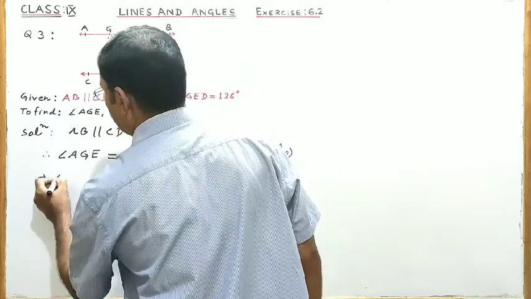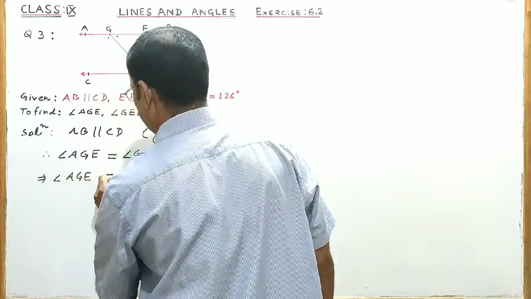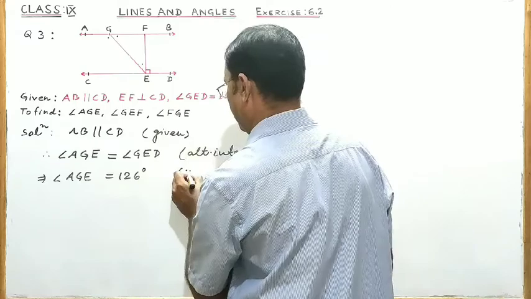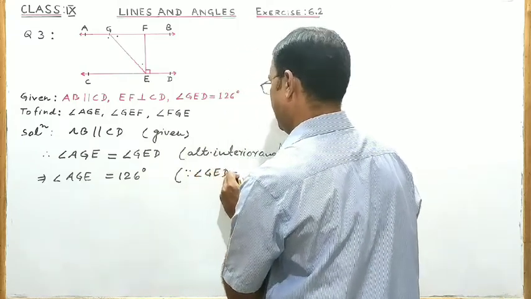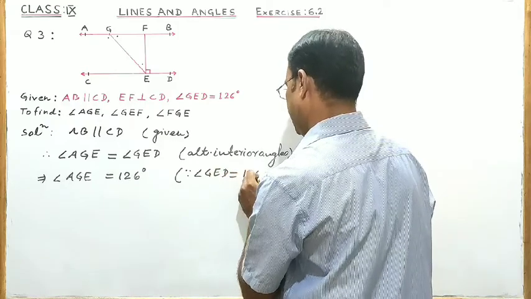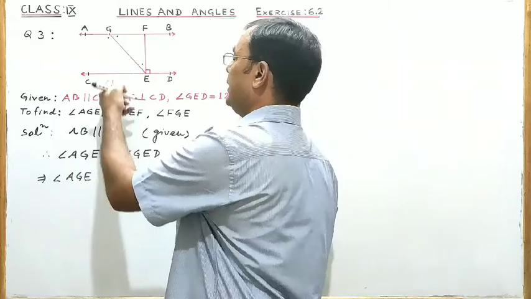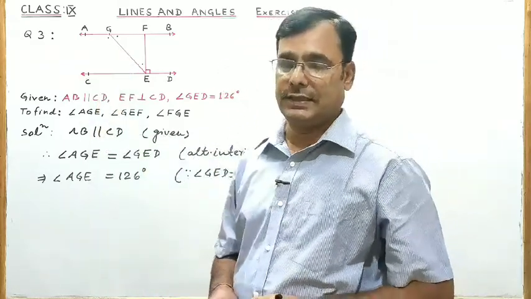This implies angle AGE is equal to 126 degrees because angle GED is given equal to 126 degrees. So this way angle AGE is equal to 126 degrees.